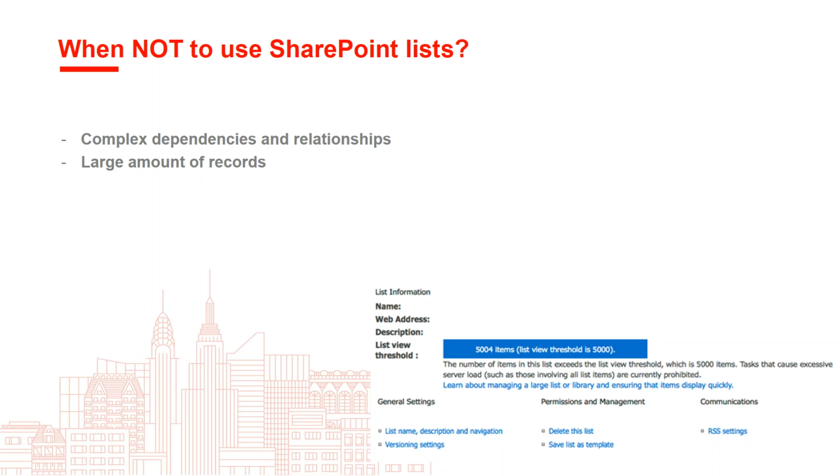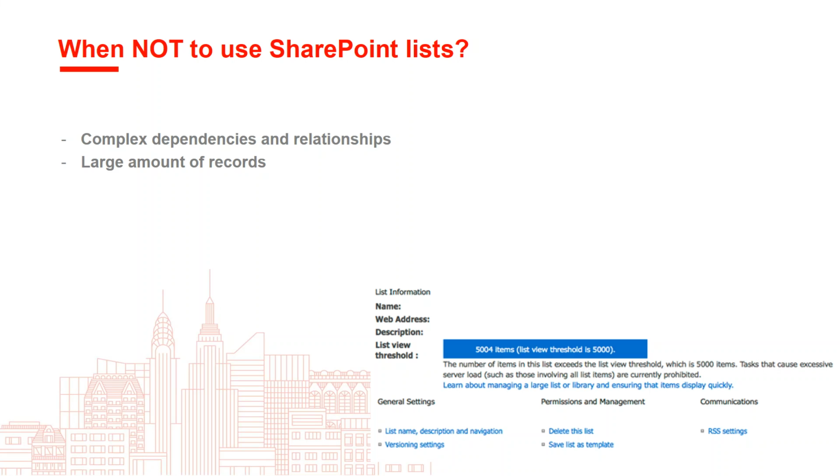And if you are recording a large amount of records, I mean 10,000, 100,000 and above, SharePoint lists will have that limitation, and there's actually a threshold. There's a screenshot right below. This is something that you may have encountered. It's basically the default list view threshold in SharePoint Online. It's limited to 5,000 items.